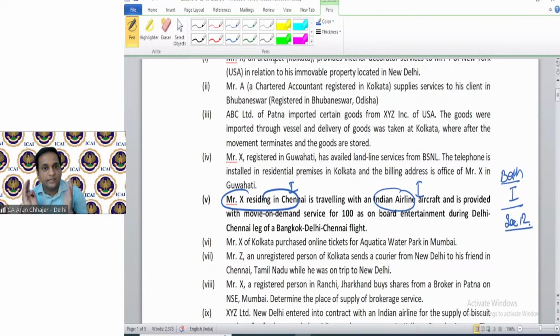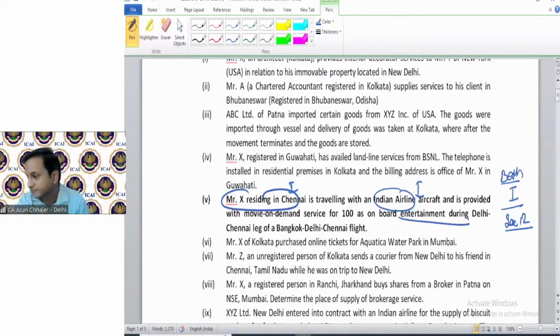Now section 12, in case of service given on board a conveyance. Please note, it is a service given on board a conveyance, availed during the journey, whether a flight, a train, or any vehicle.